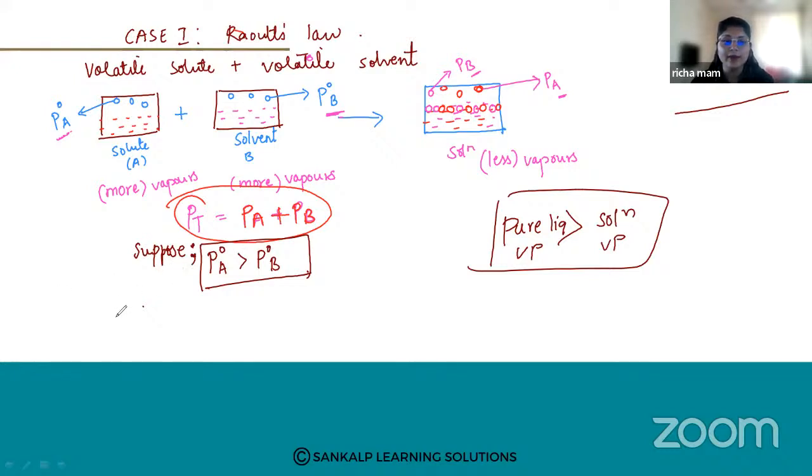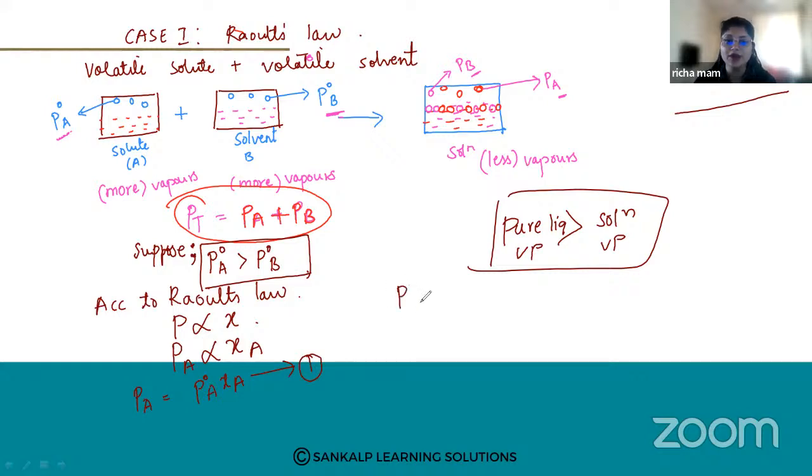Now we will apply Raoult's law. According to Raoult's law, the partial pressure is directly proportional to chi. So PA is directly proportional to chi of A. After removing the proportionality sign, this will be equal to P naught of A into chi of A. This is our equation 1.